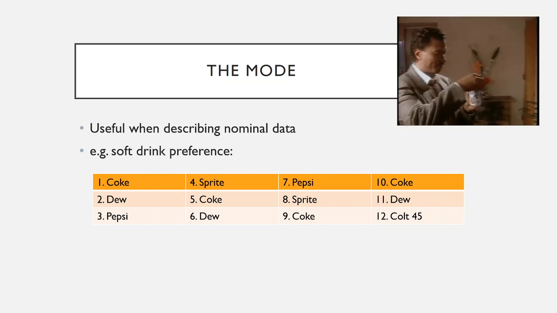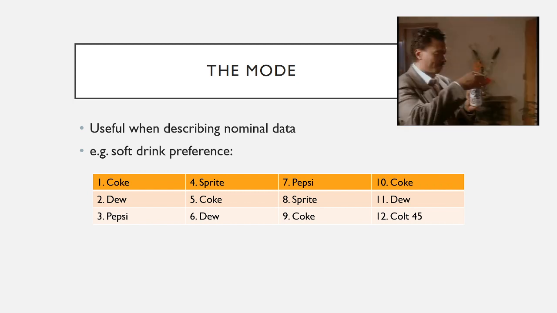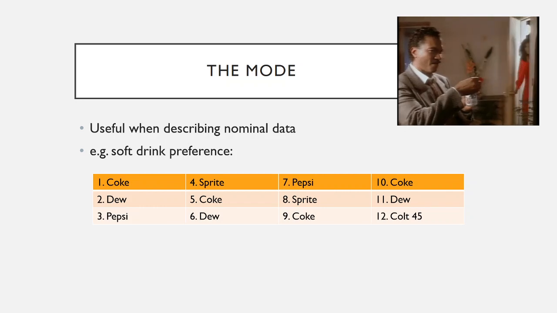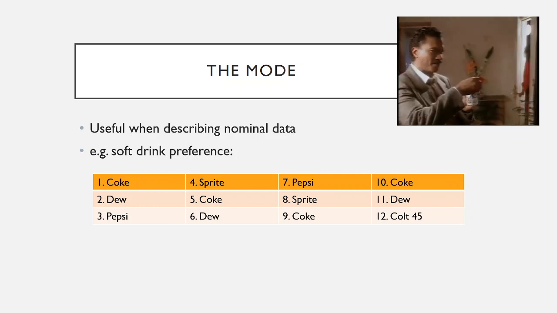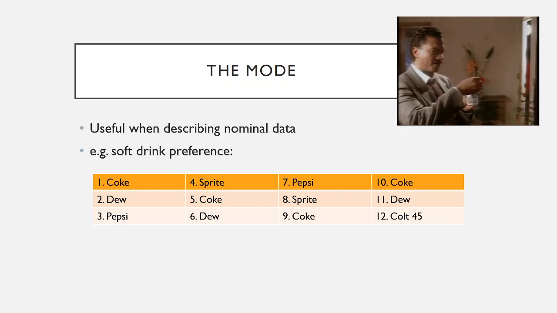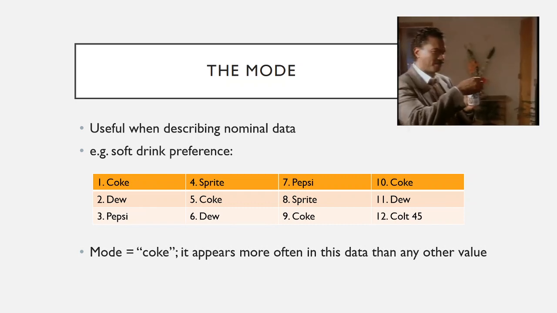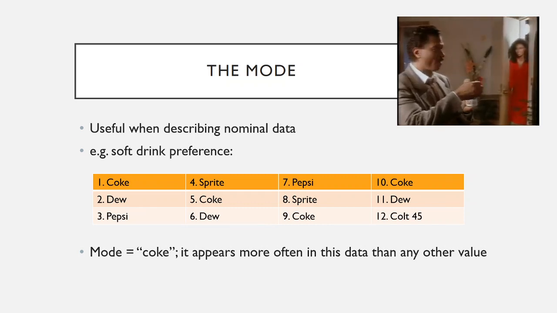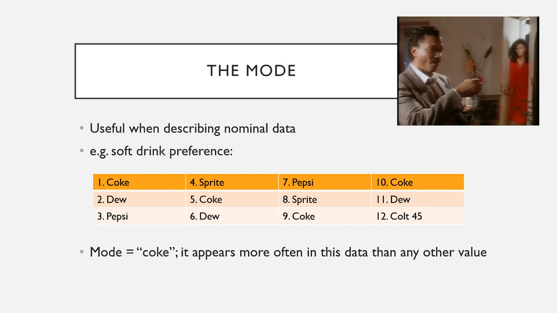Yes, you could create a frequency distribution, but this is still ultimately qualitative, non-quantitative data. So how would you get a central tendency statistic? Well, you can just figure out which value appeared the most often. So you can create the mode for nominal data. In this case, the mode is not quantitative. It's just whichever category appeared more than any other category.